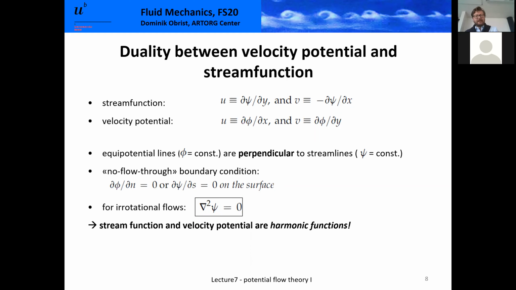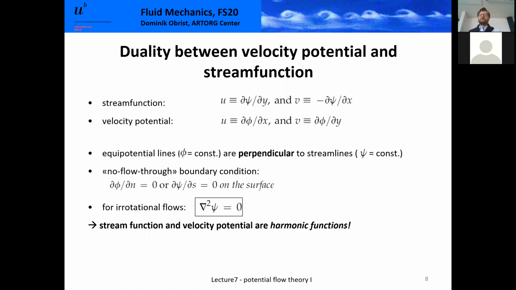That's always the condition. And with the same assumption, we could also show that for potential flow, also a Laplace equation must be satisfied for the stream function. So we really have a duality between these two. Both satisfy a Laplace equation.